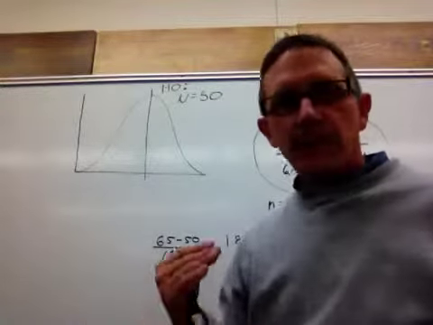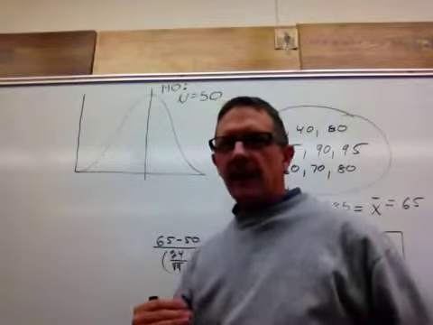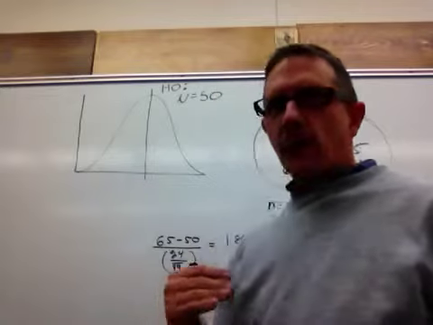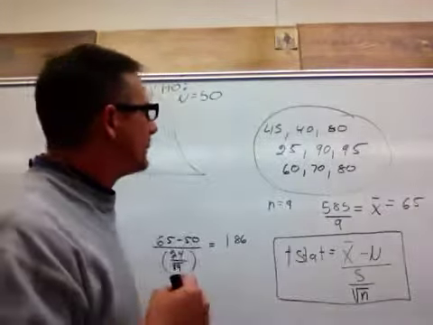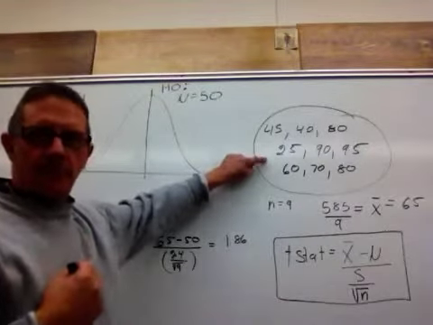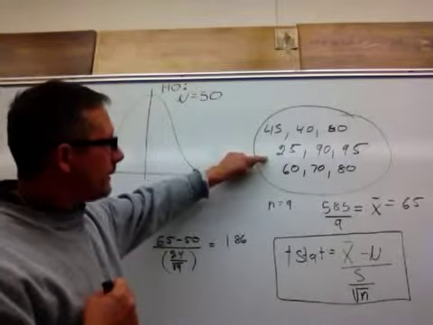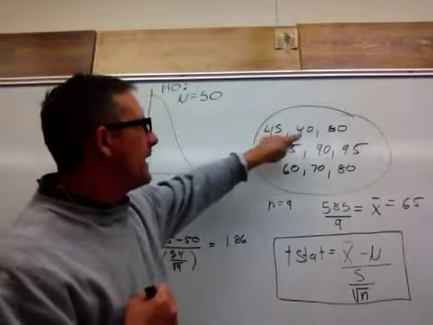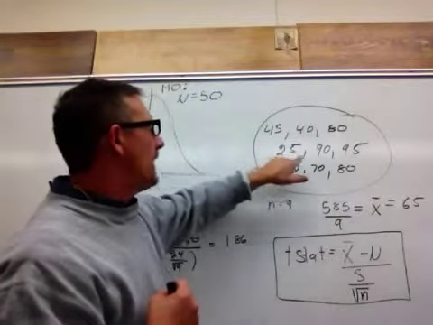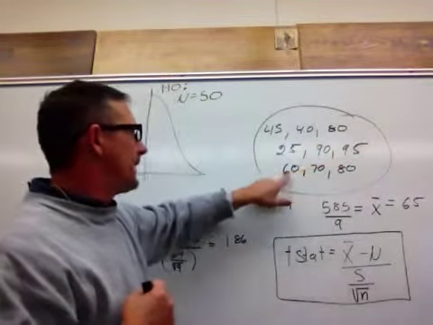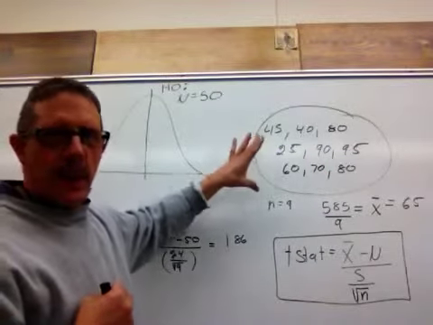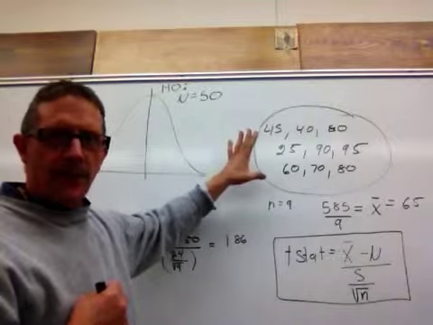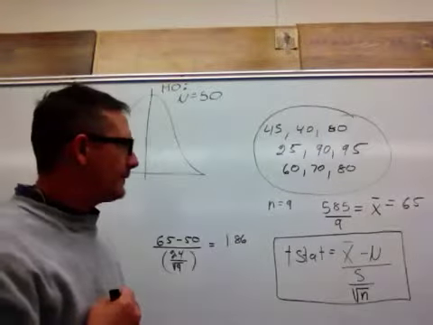We're going to conduct a hypothesis test to see whether we can reject that null hypothesis. The first thing we do is take a sample from the population. Here's my sample: 45, 40, 80, 25, 90, 95, 70, 60, 70, and 80. So there's my sample of people and how much gas they've used per week in gallons.